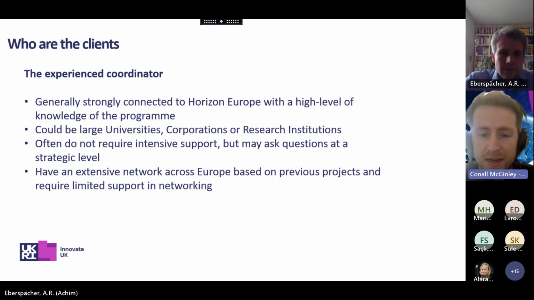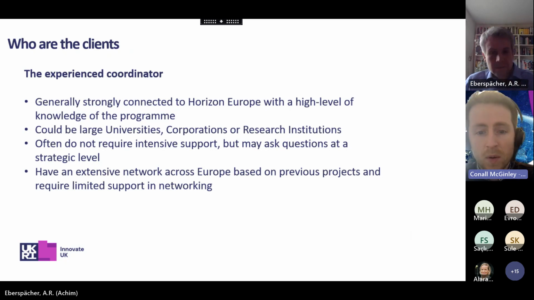In the UK, for example, there are a small number of organisations that have done a lot of coordination work of successful Horizon Europe proposals, and therefore they've got a lot of experience of the programme, and they're strongly connected to partners within, for example, the research partnerships, such as the Clean Hydrogen Partnership or the Built for People Partnership.